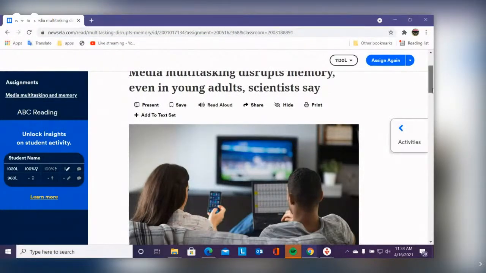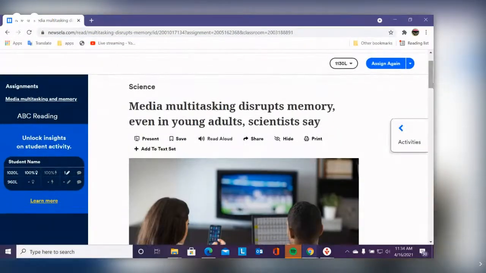And there we go. And this article is really important because I think that this happens to us, that multitasking causes memory disruption. And we have so many more things to divide our attention than we did in the past.